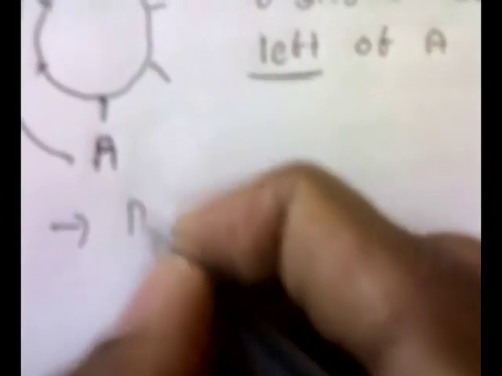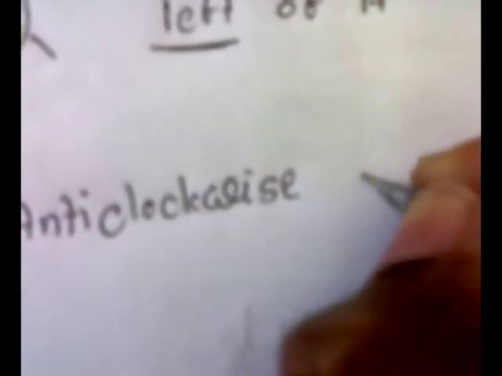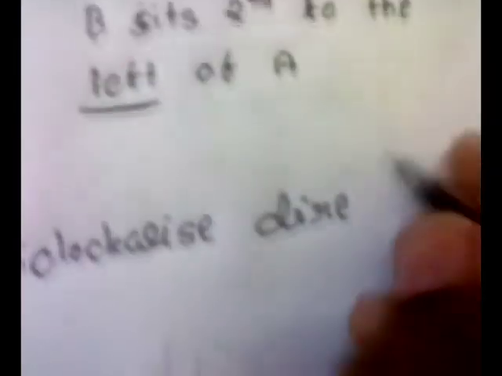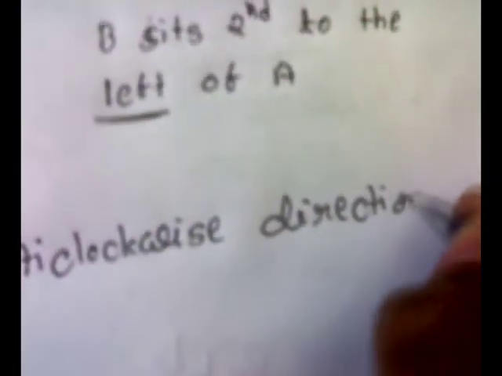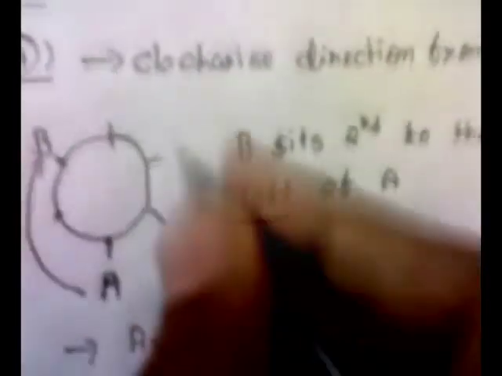In the same manner, if we see the word right of A, then we will move in an anti-clockwise direction from A. Let's take the same example here.